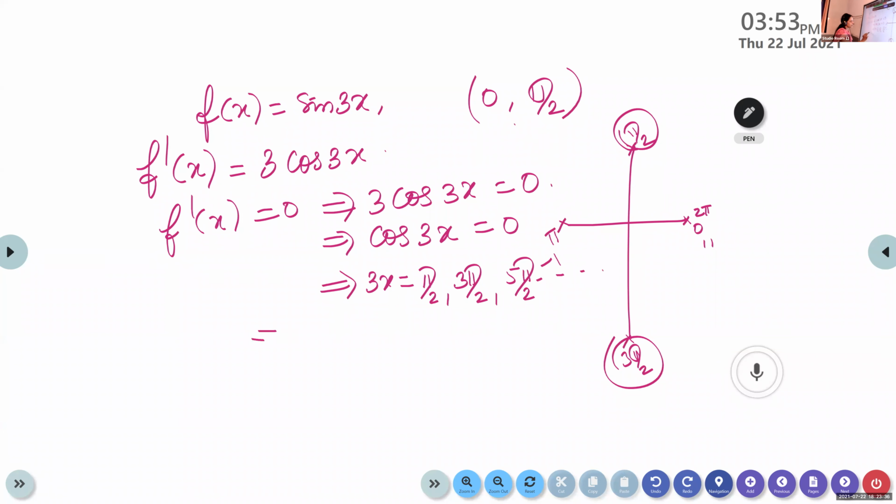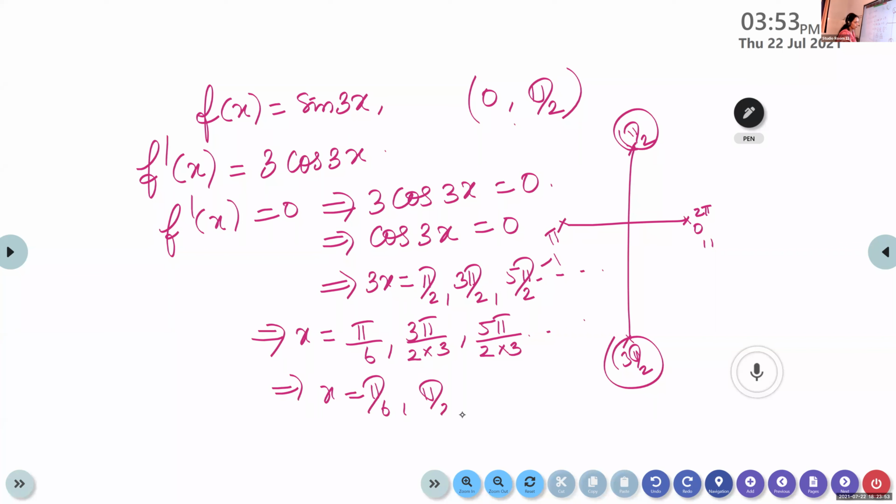So from here, what will be x? Dividing by 3, we get x is equal to pi by 6, pi by 2, 5 pi by 6, and so on.